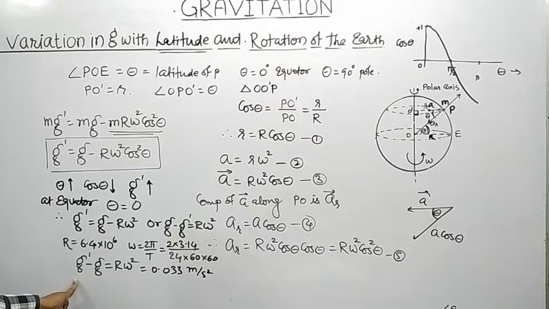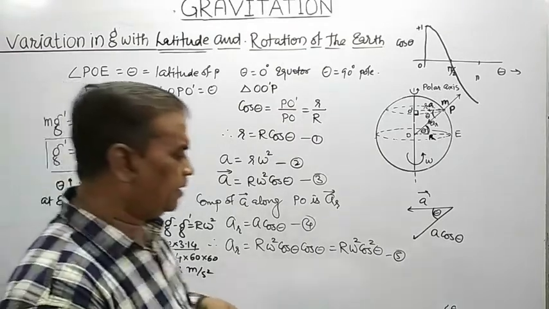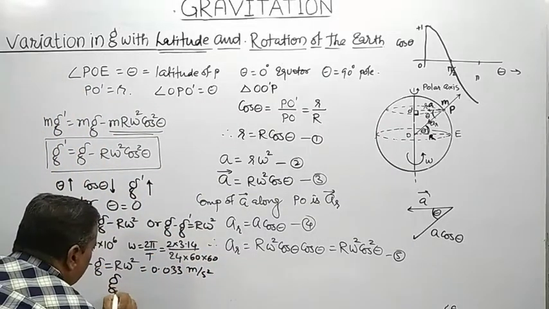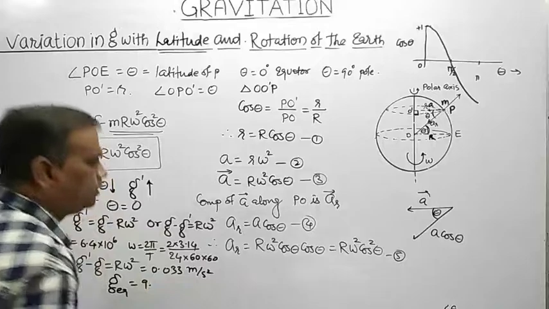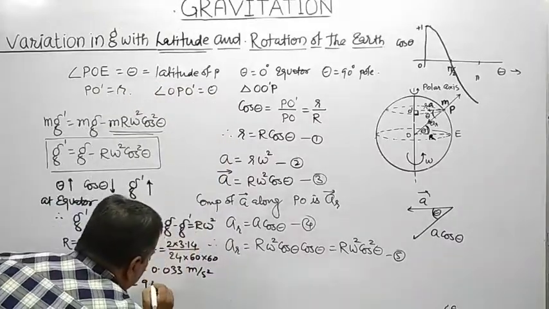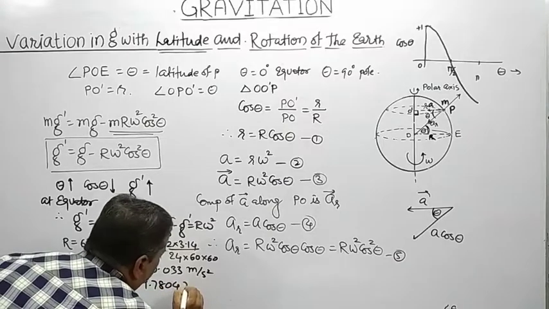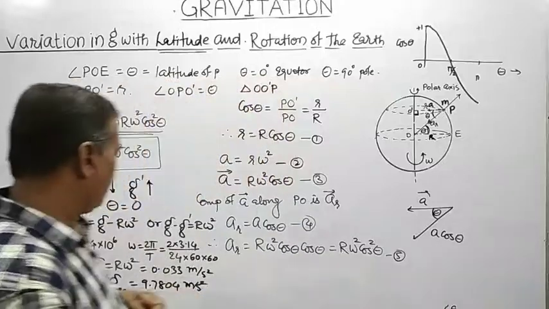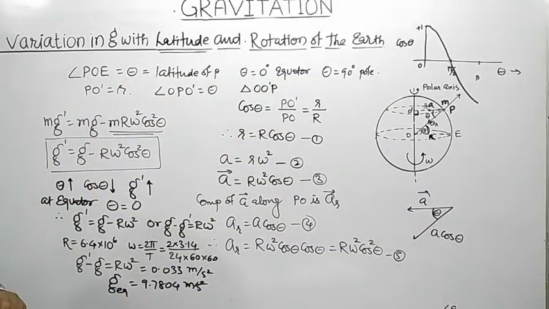Or g dash is equal to g plus 0.033, or g is equal to g dash minus 0.033. So at the equator, the value of acceleration due to gravity is 9.7804 meter per second square. So this is about the equator.